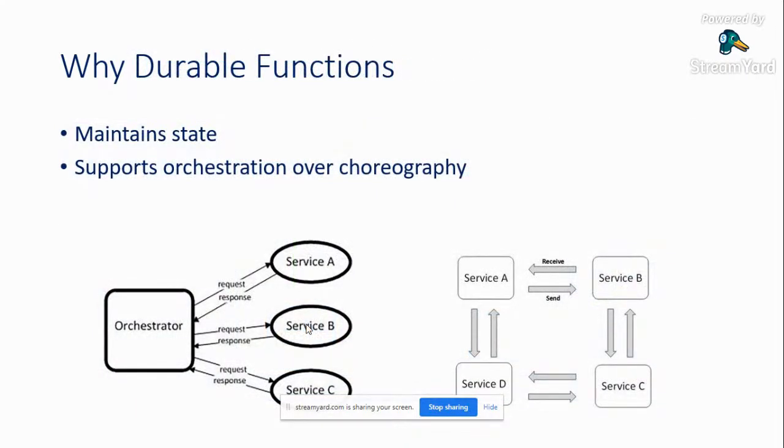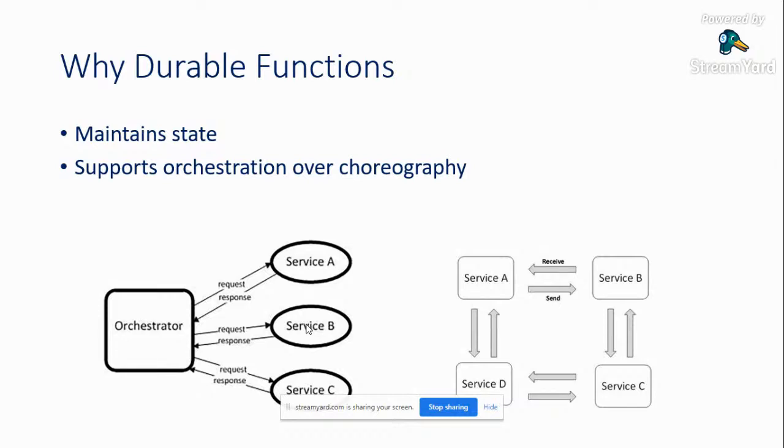So in order to maintain state, we have durable functions. Durable functions are mainly used for maintaining state, and you can even use these durable functions for long running processes. For example, in Azure functions, the maximum time that it gets to run is around 10 minutes. If you run a function that takes more than 10 minutes, it gets a timeout issue.